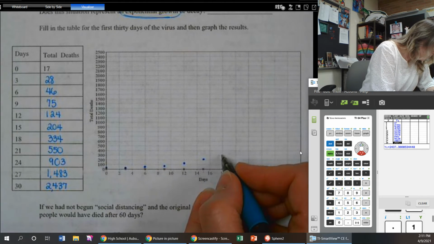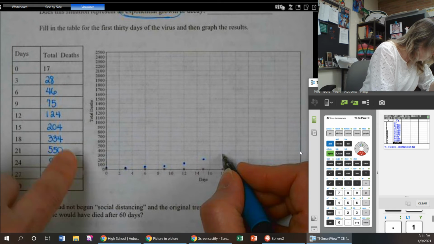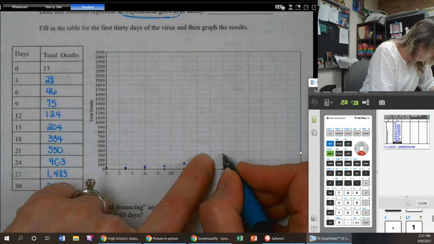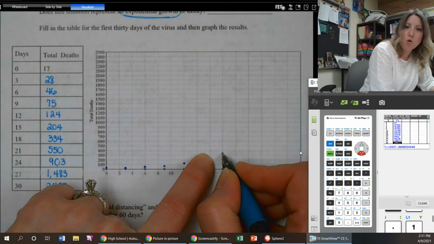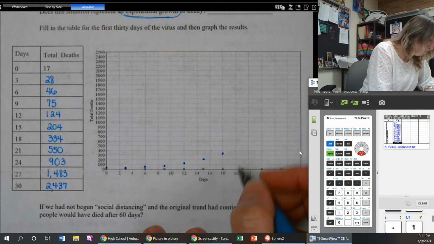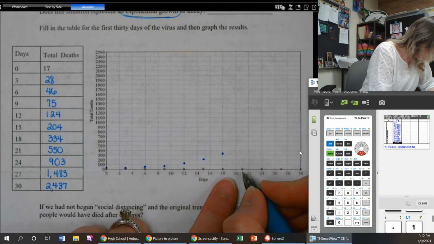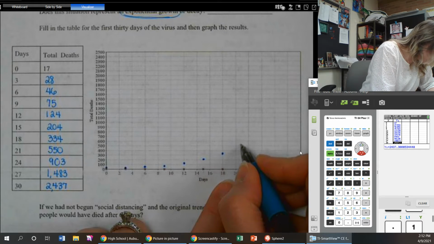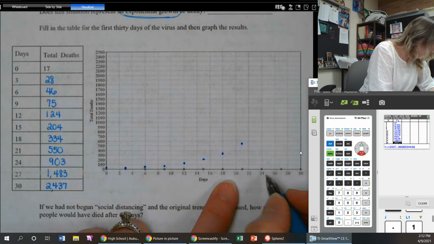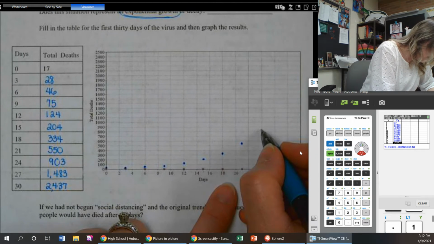18, 334. Okay, so here's 300. Arrow across right kind of here, a third of the way up. 21, 550. So go up to 500 and then halfway between 500 and 600. And then 24, 903.